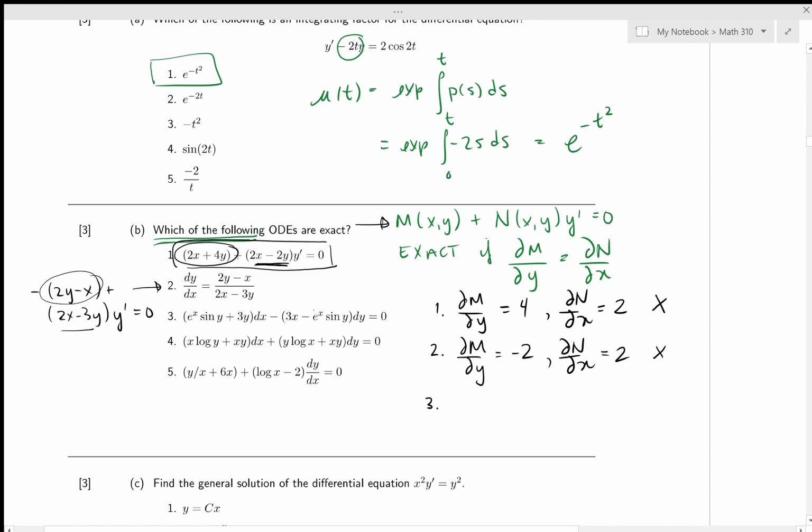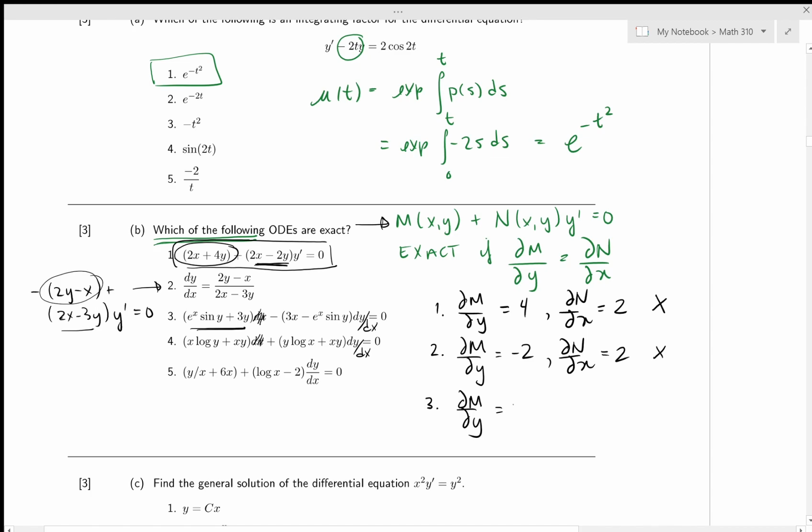I would write this just dividing through here by dx, and I'm going to just do this one at the same time like that. We're more used to seeing it like that anyways. So I go through like that, same thing, take dM by dy, where M is this function here. So I'm taking the derivative with respect to y.